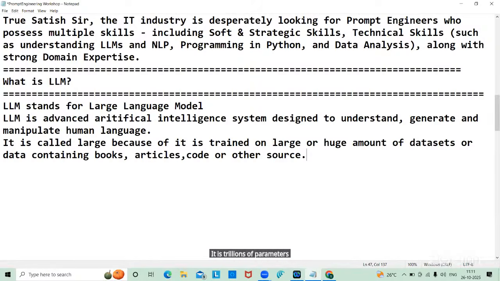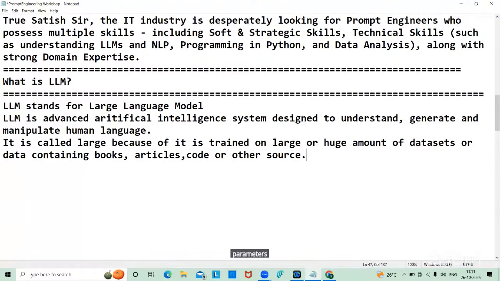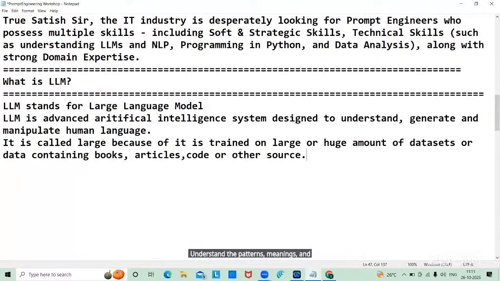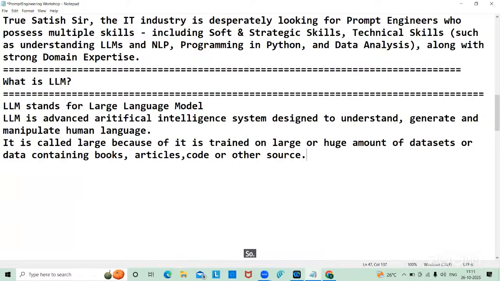When it is required to answer, it has to be trained using a lot of parameters so that it can understand the patterns, meanings, and reasoning. So that is exactly the meaning of LLM.